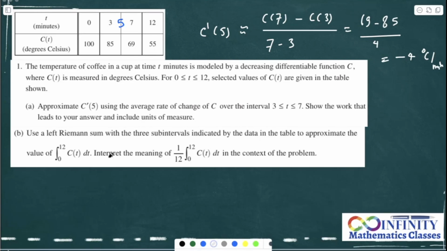Because it is using the word left Riemann sum, I'll tell you how to deal with it. So just suppose you need to find that integral 0 to 12 C(t) dt. The left Riemann sum will be, whatever the division you are having, the length of the interval. There are 3 intervals basically.